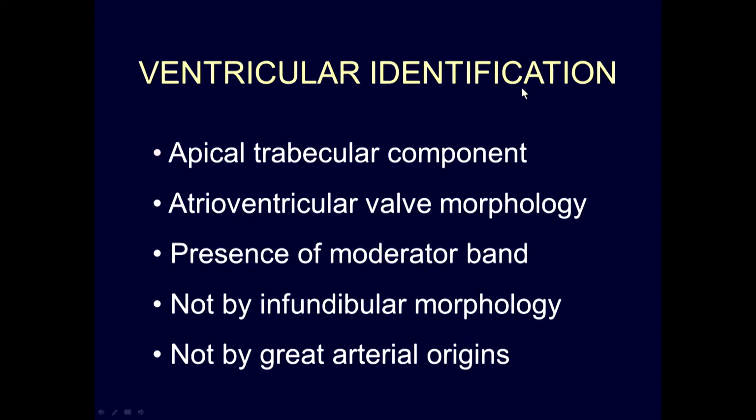And next step, ventricular morphology. The ventricle has several components to distinguish morphological right or left ventricle: apical trabecular component, AV valve morphology, and moderator band. But the most constant component to identify ventricular morphology is the apical trabecular component.